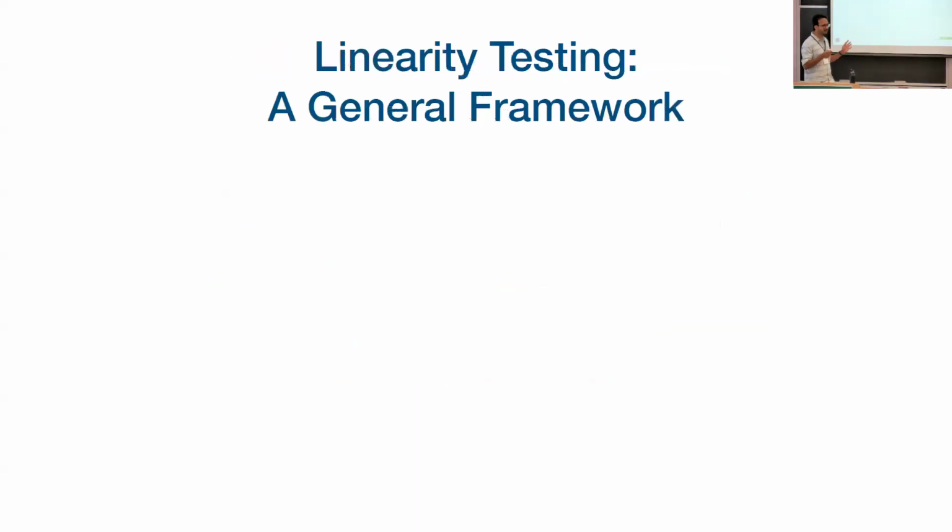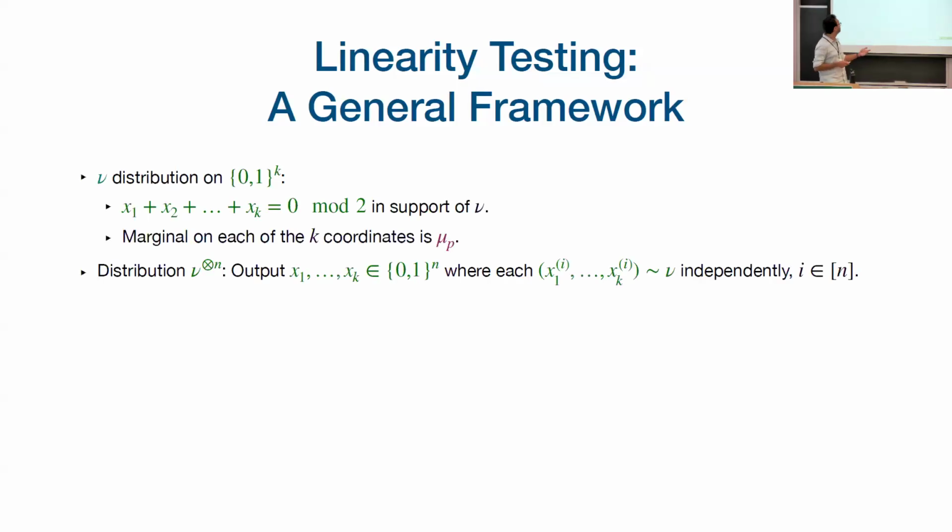Let me give you a general framework of linearity testing. This was a 3-query test, and I'll just extend it to general k queries. I have a distribution nu now on {0,1}^k, and I want the distribution to satisfy two properties. The first is that x1 plus x2 and so on up till plus xk is 0 mod 2. This means it's only supported on the points which are accepted by the linearity test.